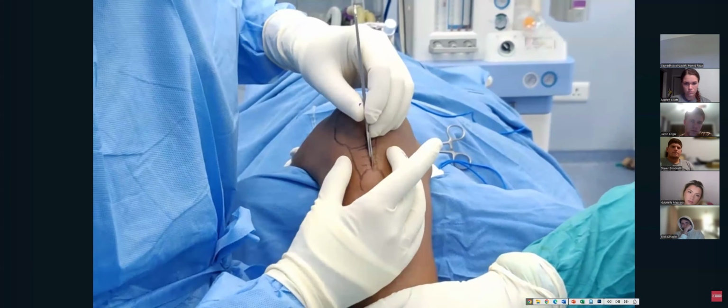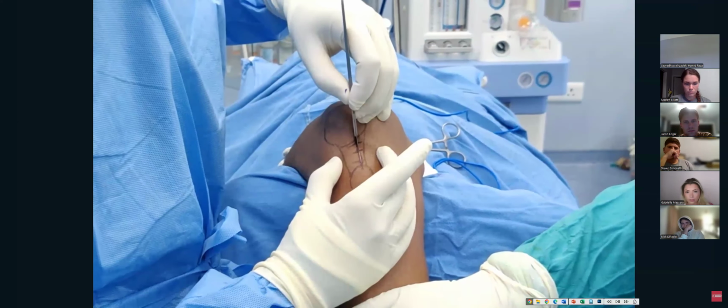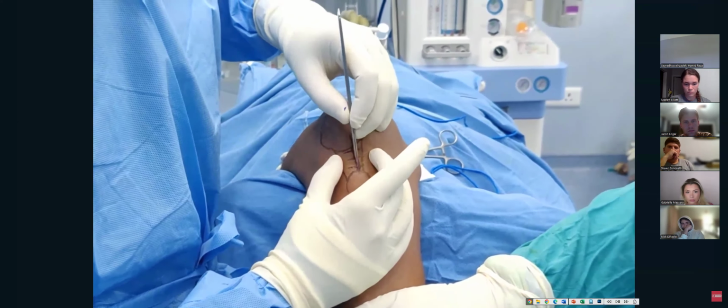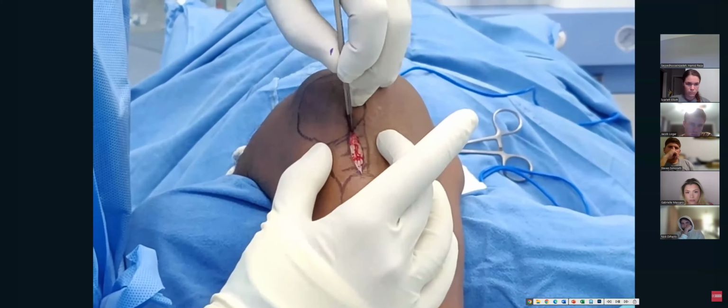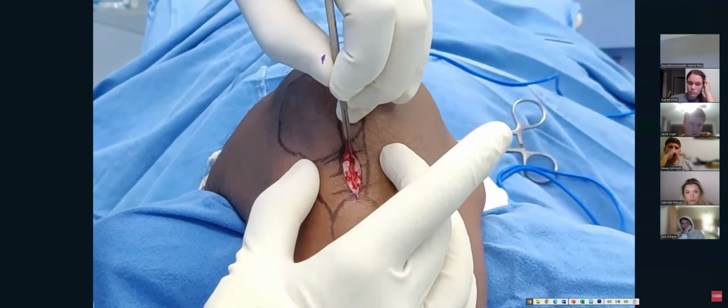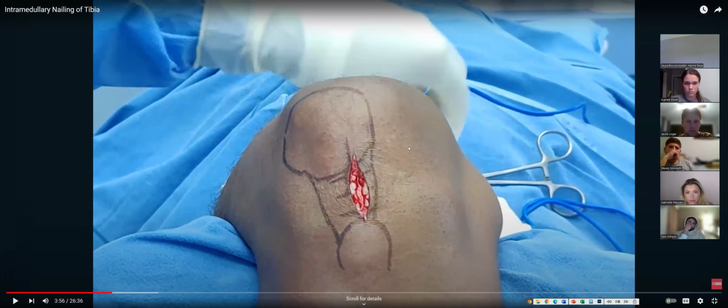So my skin incision is just from the tibial tuberosity to the bottom of the patella. Just stay in line and keep going straight. This is what I want you to keep in mind: all those devices, all those pins and nails must be inserted through this small incision.